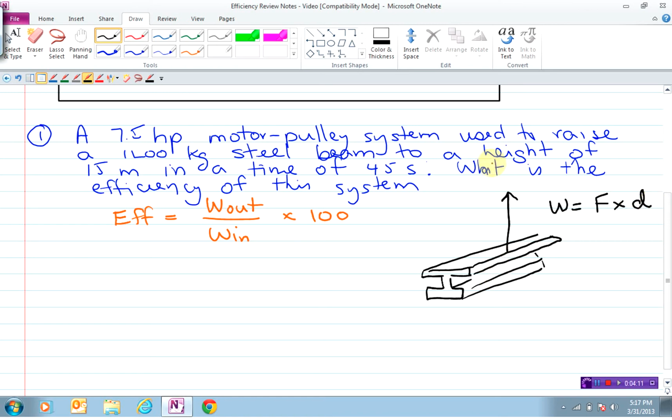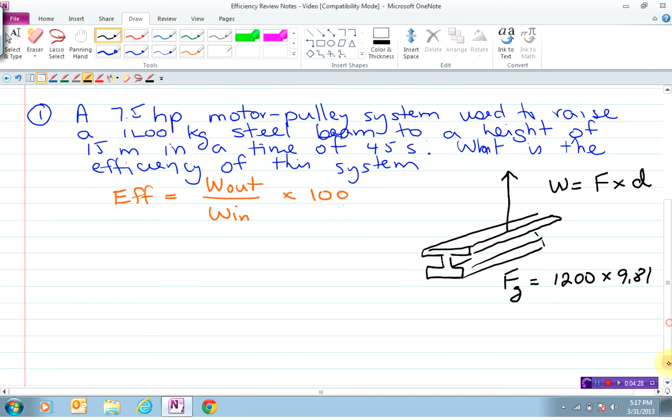The force here will be the force of gravity, and we can calculate that by taking the 1200 kilograms and multiplying it by 9.81. That'll be the force. Then we multiply that by the distance, and this together will be the work out.